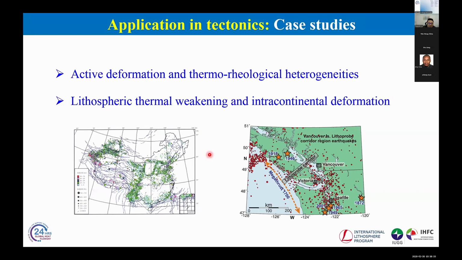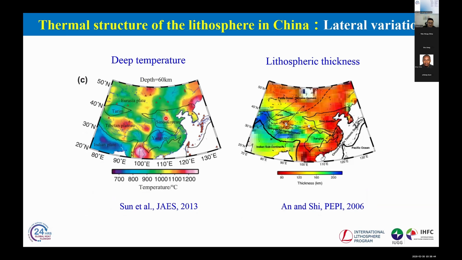The second case focuses on the thermal weakening by heat production controlling the intraplate deformation. So this is the picture of the deep temperature and the thickness of the continental China. Basically, we can see the thermal structure in continental China shows obvious lateral variation.